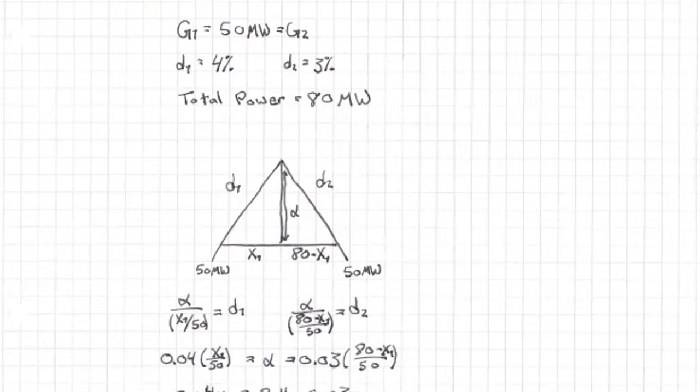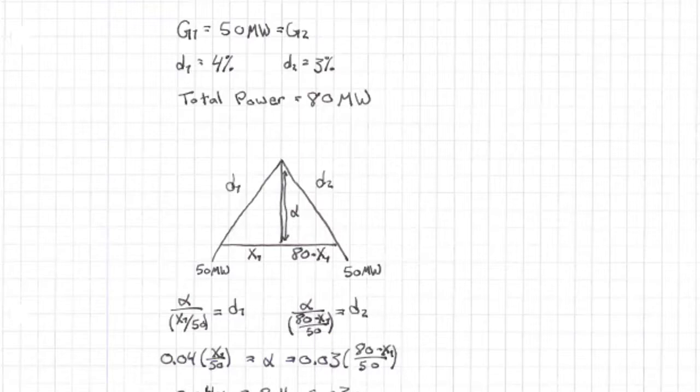Because these generators are connected, we're assuming they run at the exact same speed, so they will both share an alpha. The bottom side is the total power, and the maximum power each generator can provide is 50 megawatts, as these are 50 megawatt generators.